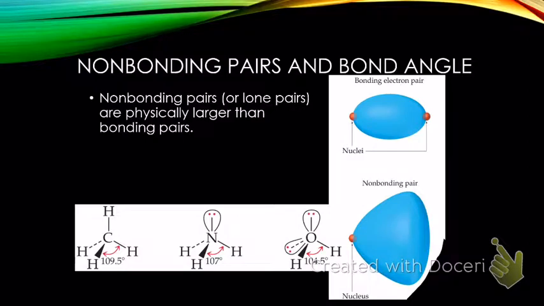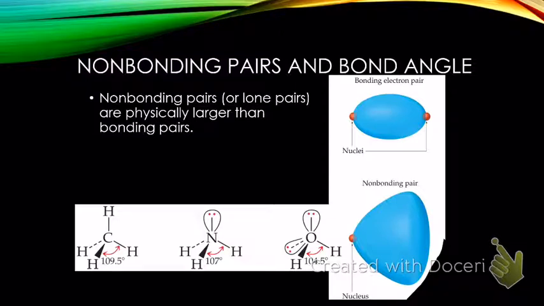Now if we look at comparing non-bonding electrons and bonding electrons, what you're going to find out is that the non-bonding electrons take up much more space. Okay? I kind of like to think of this as the idea of a 2-parent household.